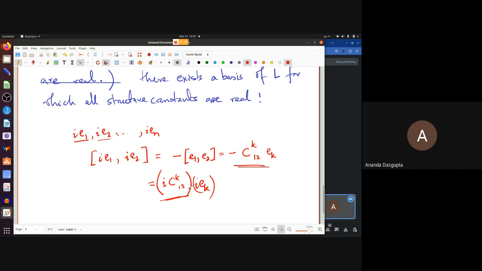And what you have done is you have changed that to a complex Lie algebra with complex structure constants by choosing i times, say, x1 as J1, i times x2 as J2, and i times x3 as J3, where x1, x2, x3 are the original generators or original tangent vectors for the real vector space.